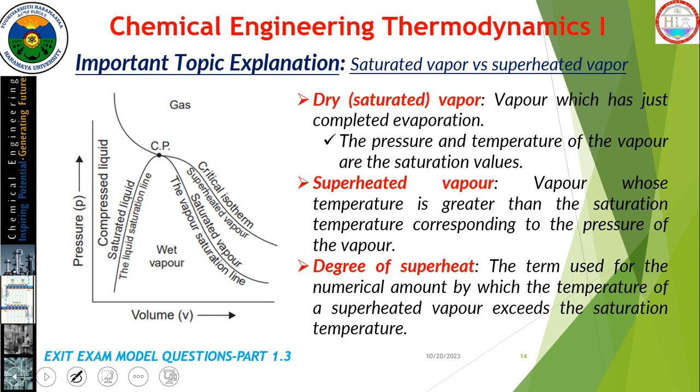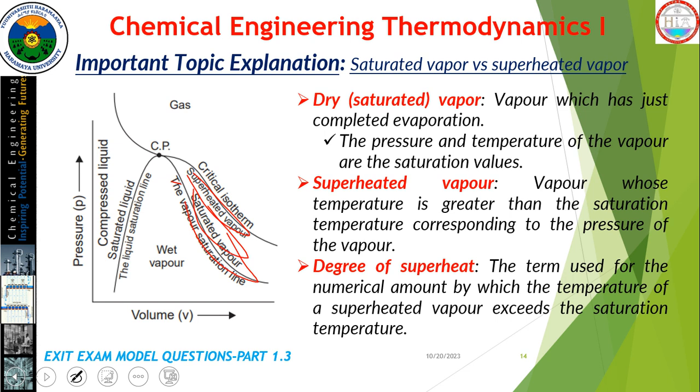Here the pressure and the temperature of the vapor are considered the saturation values, and this point is the saturated vapor. Superheated vapor is a vapor whose temperature is greater than the saturation temperature corresponding to the pressure of the vapor.